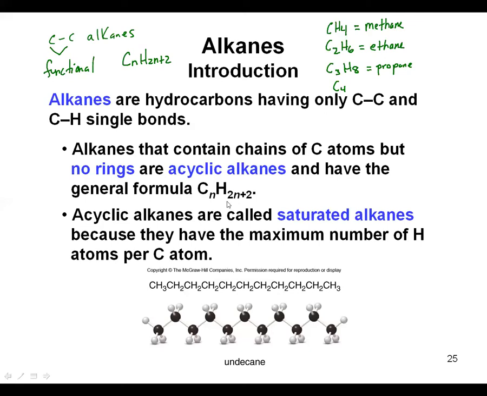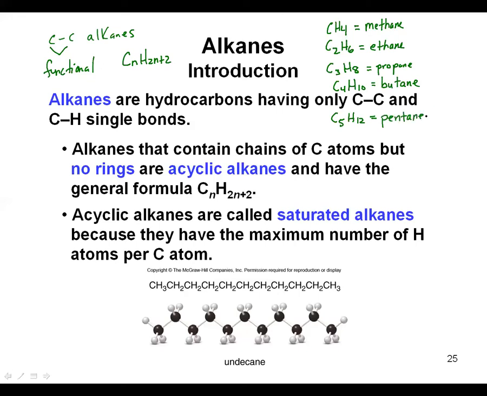And that will get us 10 hydrogens here. And that is what is known as butane. We'll keep going. 5 carbons gives us 12 hydrogens, and that is what is known as pentane.